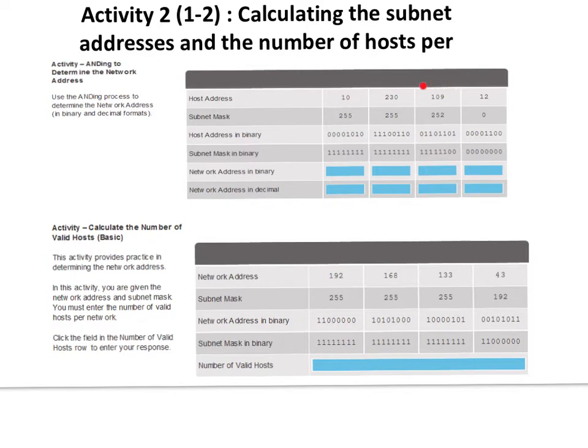So we need to focus on this byte, or this part of the address, where some of the calculations need to be done carefully. In order to calculate the network address, we put here 0, and we put here 10 and 230. This one is 109 and this one is 252.